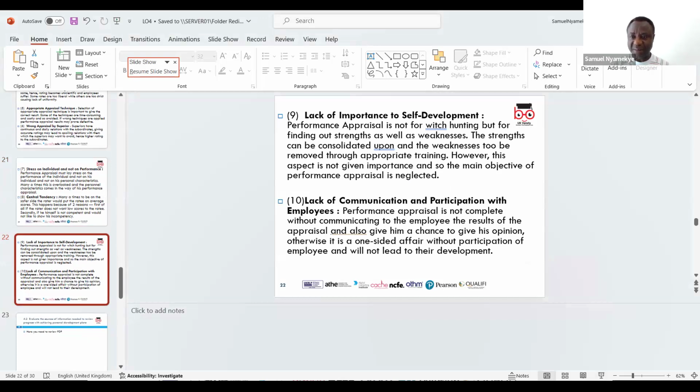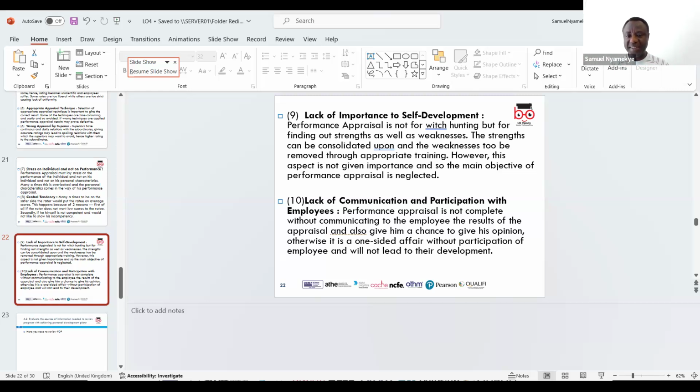That is not the essence of it. The essence is for us to identify their strengths and their weaknesses, so that strengths can be consolidated and weaknesses can be removed. However, this aspect is not given importance, and so the main objective is neglected. So we don't want that.